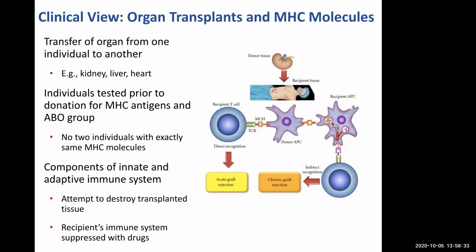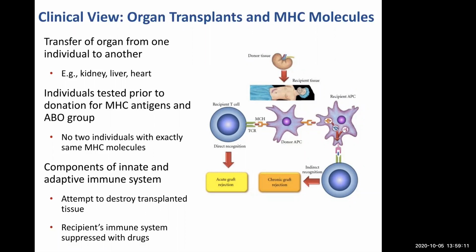If you're donating a kidney, they're going to try and find a recipient whose MHC molecules look as close as possible to yours, because the closer the molecular match, the lesser the likelihood of rejection, right? The farther away or the more dissimilar the molecular pattern of MHC molecules between recipient and donor, the more likely that tissue will be rejected.